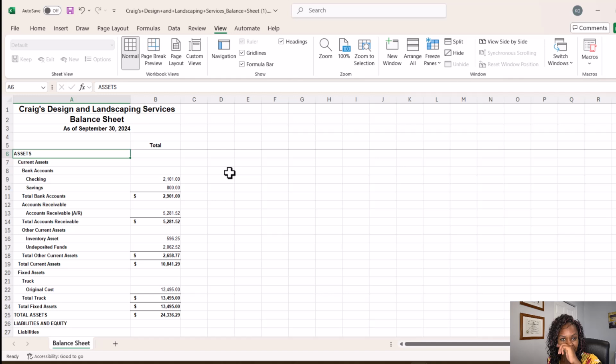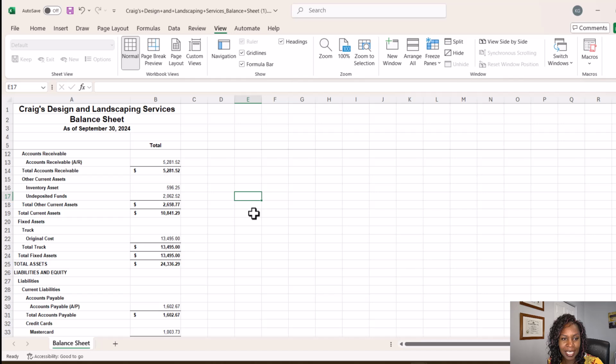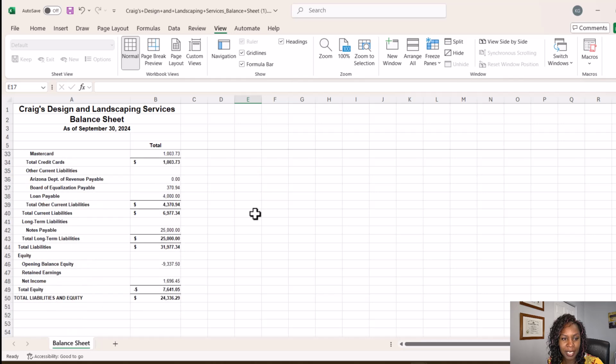Okay, so I pulled up a balance sheet, and this is just a sample company from QuickBooks, Craig's Design and Landscaping. But the first way you tell if your balance sheet is correct is if your assets equal your liabilities plus your equity.